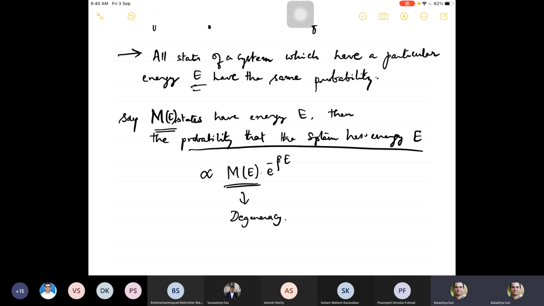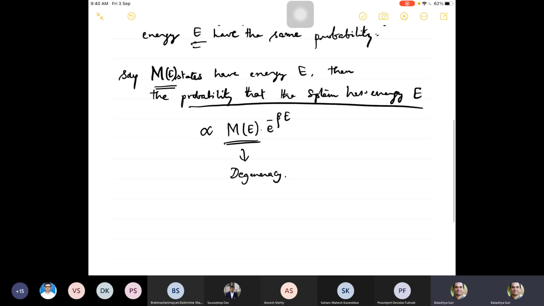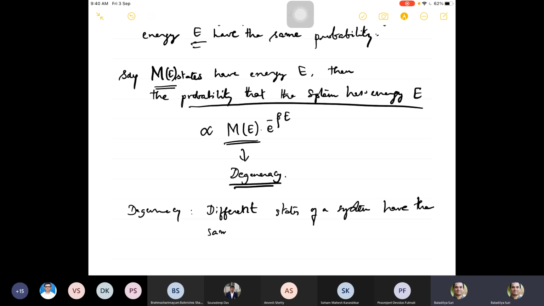So degeneracy, in a strict sense, means different states of a system have the same value of some parameter or some physical observable.